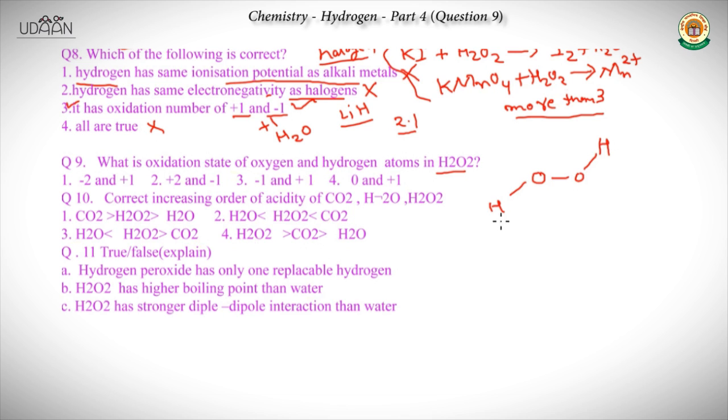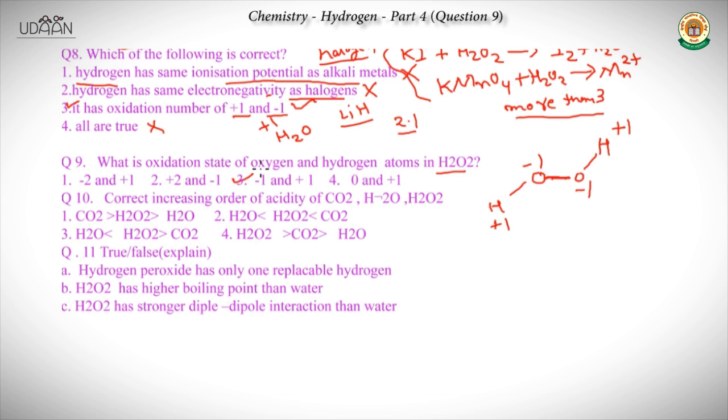Now from here we can see that hydrogen is connected to O, so it will be +1, and this will also be +1. And since the oxygen atoms are connected, there will be no charge because of this bond. Okay. So if here is +1, then here it will be -1, and here it will be -1. So the oxidation state will be +1 and -1.